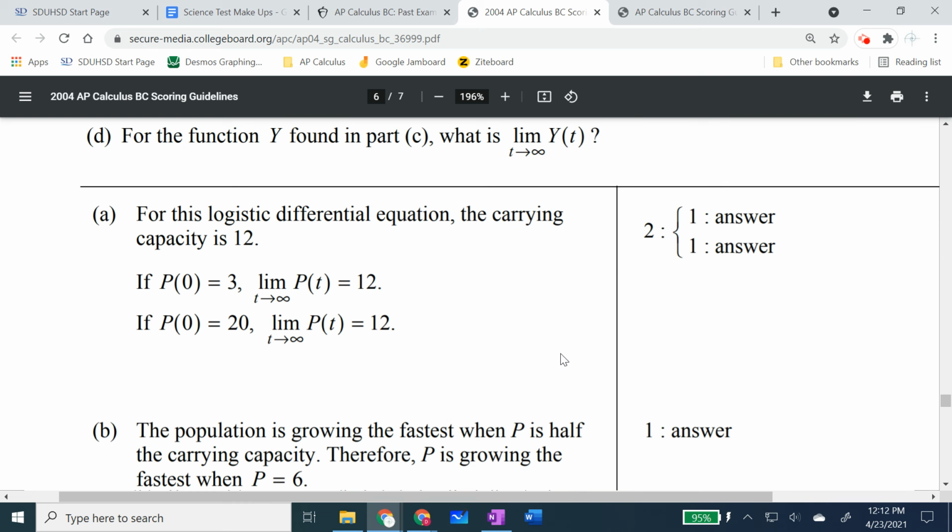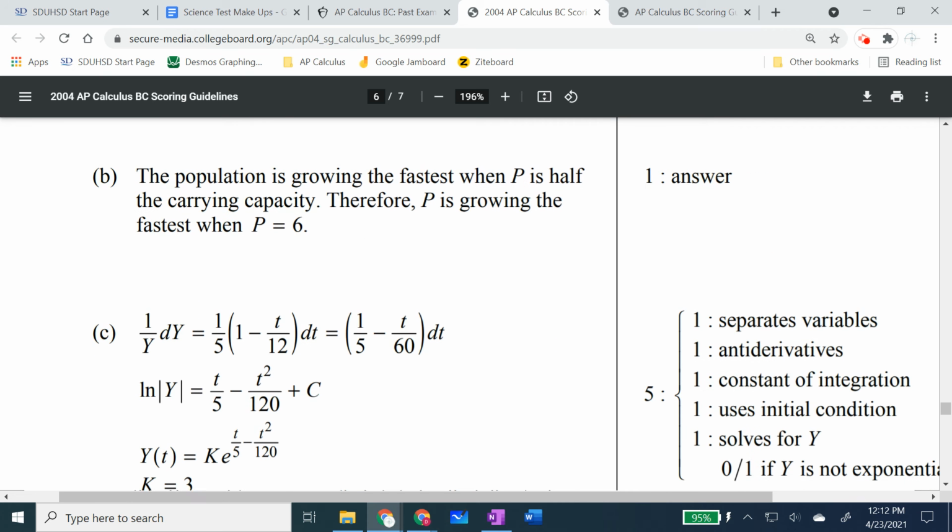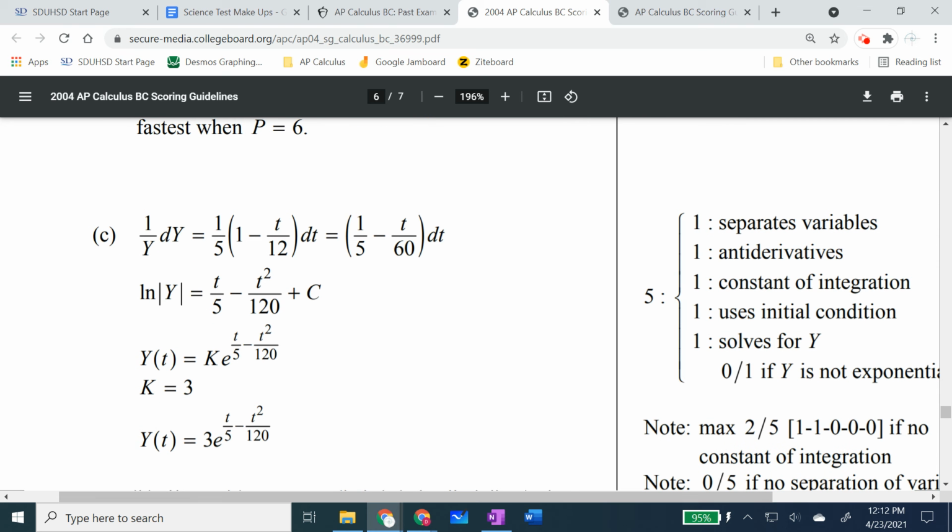So if you put together that this is the most points I've ever seen them give for the logistic model in free response, and then add that one multiple choice is worth 1.2, you're looking at the logistic model being at the most 4.2 points. That is still less than your ability to do this. And it is that important.